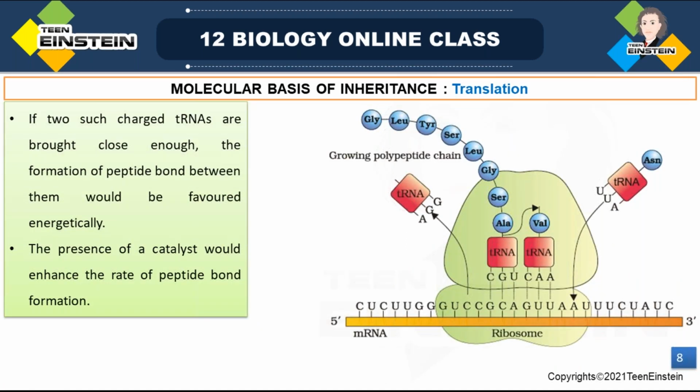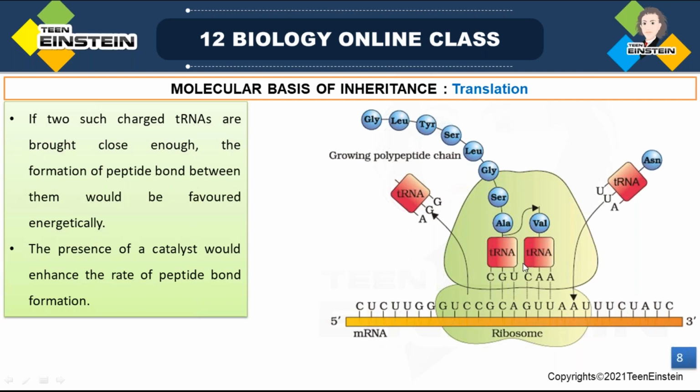Next, see here in this picture you can see two charged tRNAs. They are brought nearby, and the peptide bond formation between them will be easy.